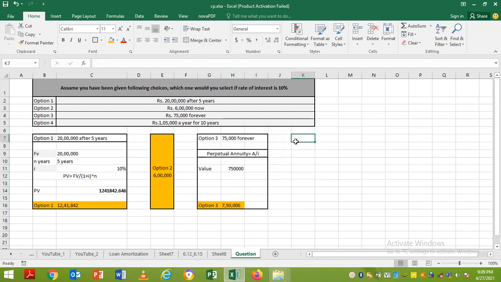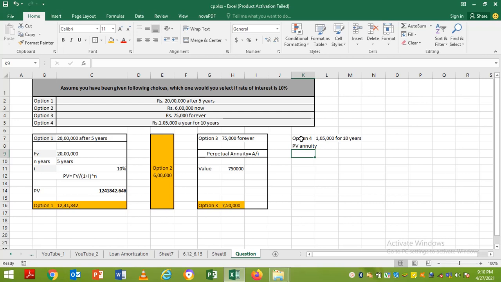Now option number 4, where we are getting 1,05,000 for the next 10 years. This is a present value annuity.